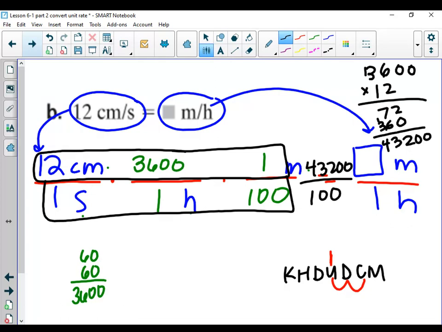Remember what I told you about division? If they have some zeros in common, get rid of them. Nice! 432 meters per hour.